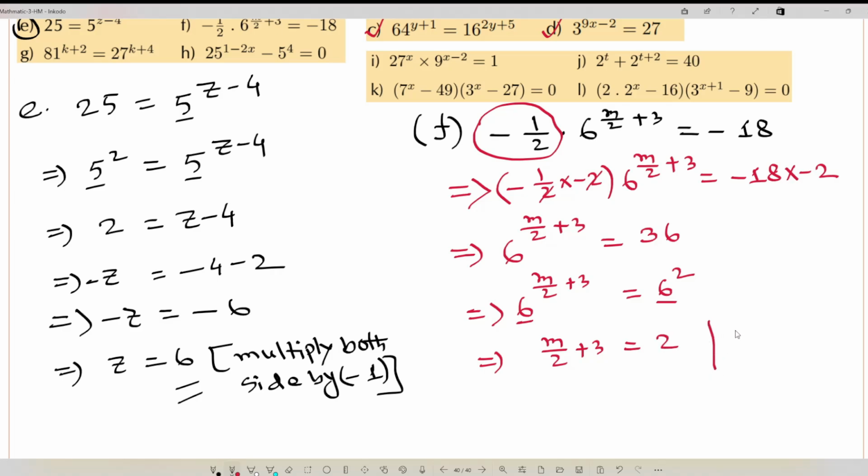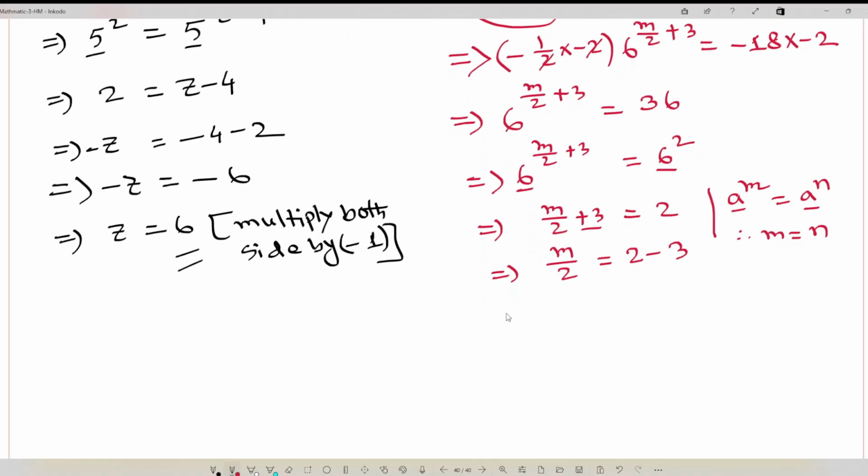Why? Because we know a to the power m equals a to the power n, bases are same, so m equals n. So here m divide 2 equals 2, and this plus becomes minus, 3 becomes minus 3. Now m divide 2 equals minus 1, so m equals minus 2. Okay, this is our answer.